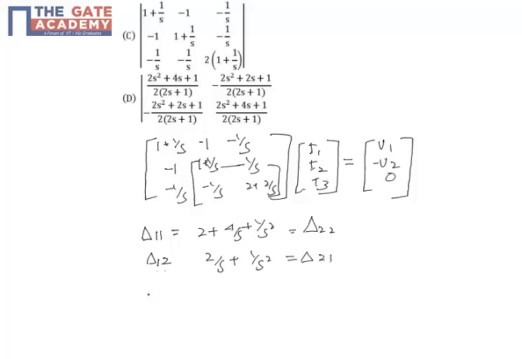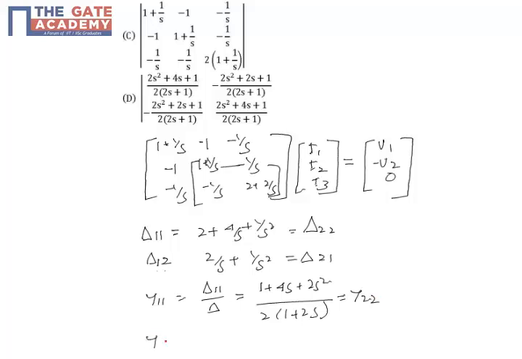Now we have to determine y11. So y11 will be equal to del 11 by del, so that will be equal to 1 plus 4s plus 2s square divided by 2 into 1 plus 2s. This is also equal to y22, because del 22 is equal to del 11, and hence del 22 by del will also be equal to del 11 by del.